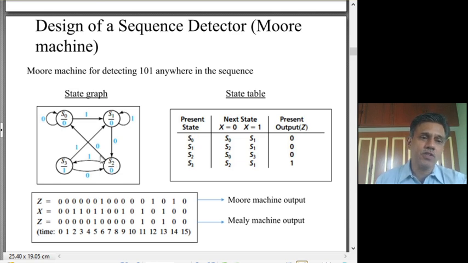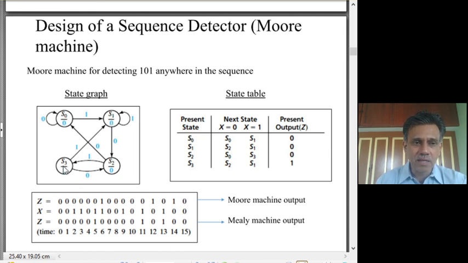In S2, if a 0 occurs, that is 1 0 0, you have to obviously go to S0, because there is no pattern. And here in S3, if you have a 1, it can be the first bit of a new pattern, as the old pattern is broken, so you go to S1.